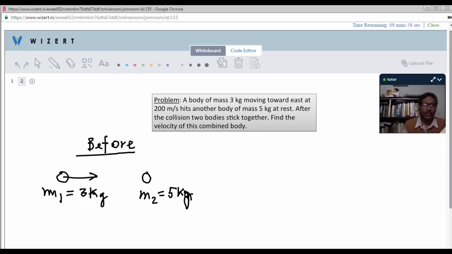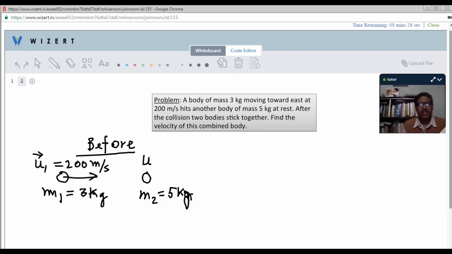The initial velocity of the first body we are calling U1. U1 is given as 200 meters per second, and it is moving towards east. We consider our axis, along which they are moving, extending from west to east, so we are taking the eastward direction as positive.